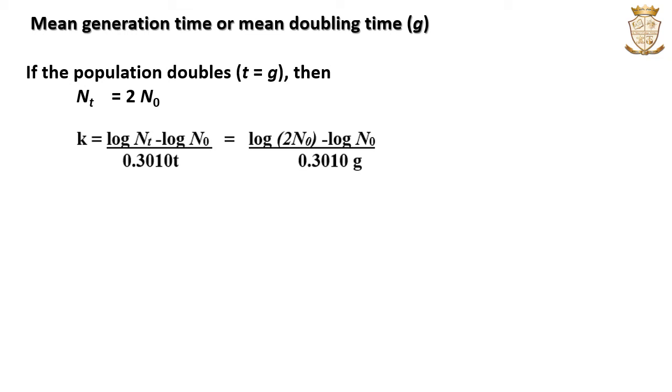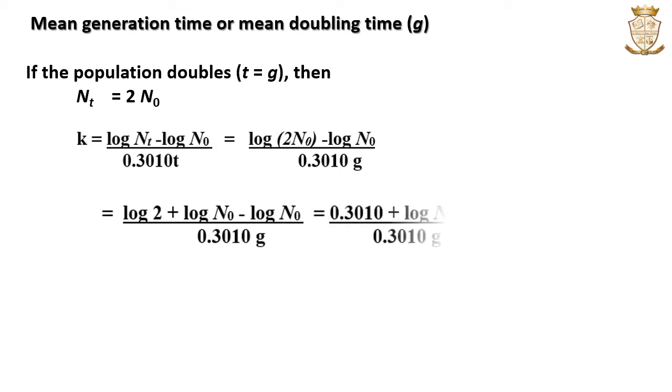We can replace nt with 2n0, and since t is equal to G under this specific condition, we can replace t with G. So K will become log 2n0 minus log n0 divided by 0.3010 G. We can rewrite this as log 2 plus log n0 minus log n0 divided by 0.3010 G. Log 2 is equal to 0.3010, so this could be rewritten as 0.3010 plus log n0 minus log n0 divided by 0.3010 G.